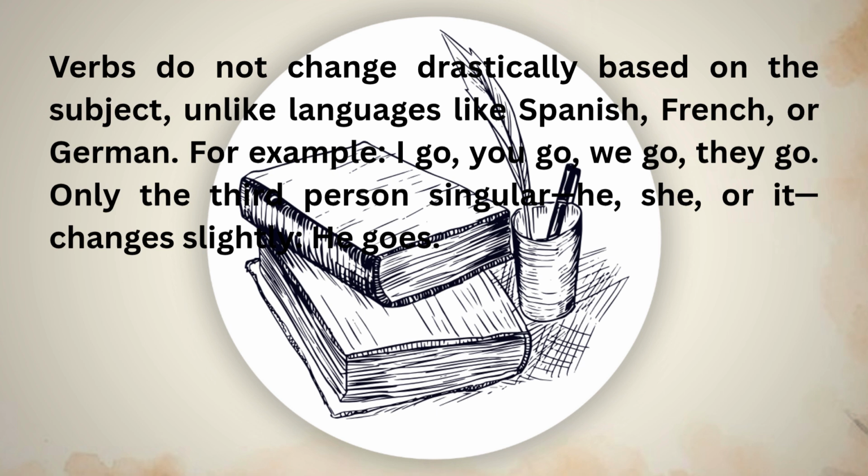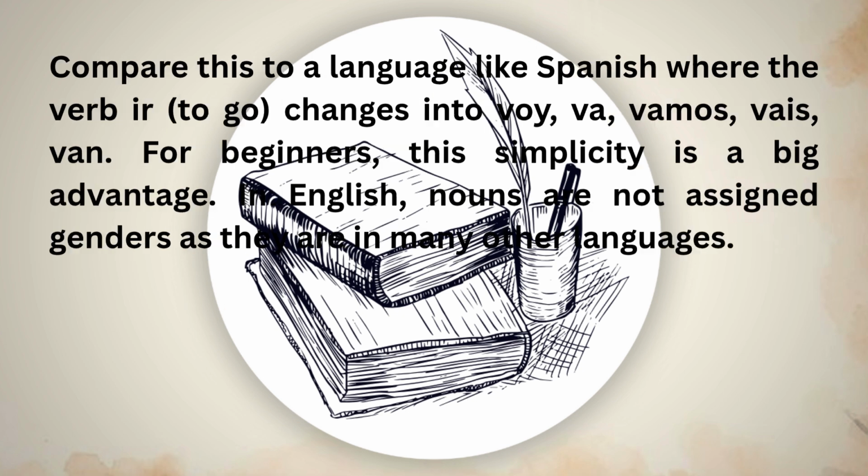For example, I go, you go, we go, they go. Only the third person singular, he, she, or it changes slightly. He goes. Compare this to a language like Spanish, where the verb ir, to go, changes into voy, va, vamos, vais, van. For beginners, this simplicity is a big advantage.